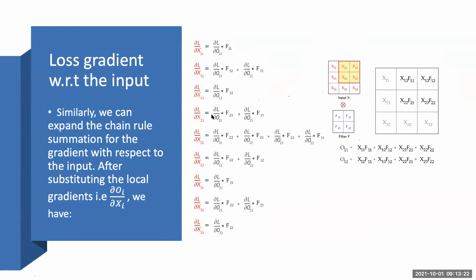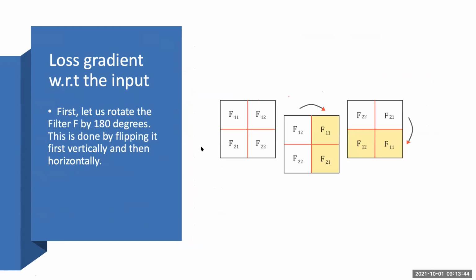So we're trying to establish a relationship, just like the way we established the relationship between the loss gradient with respect to the filter and the input. We want to establish an expression for this. If we look at this expanded equation carefully, we would see that assuming we had this filter and we flipped it horizontally and vertically, or you can choose to flip vertically first and then horizontally, so long as you make a complete 180 rotation.